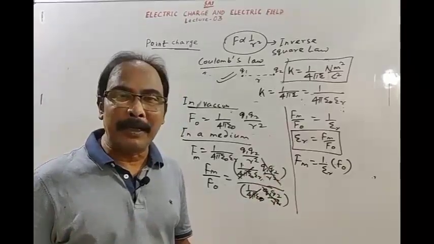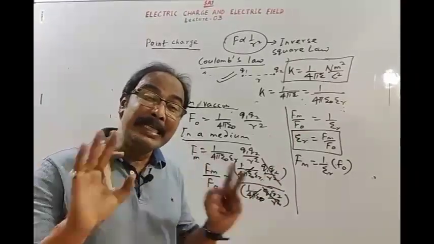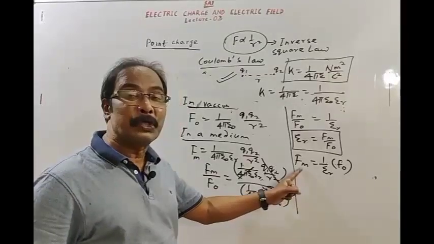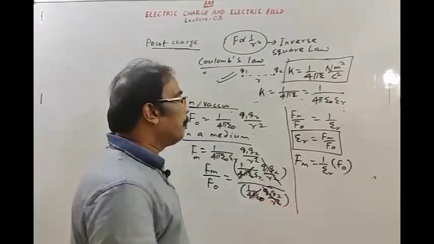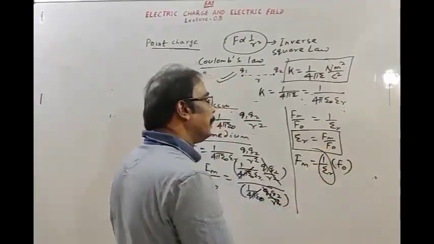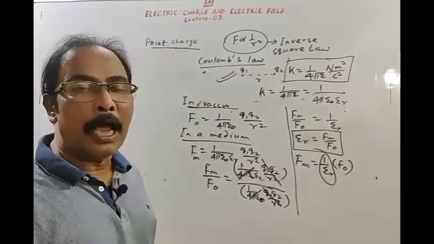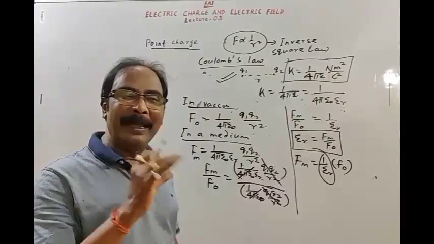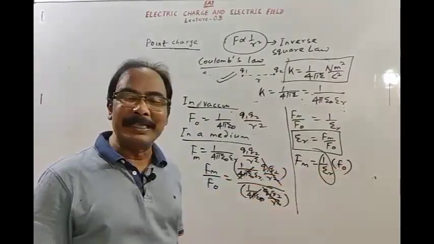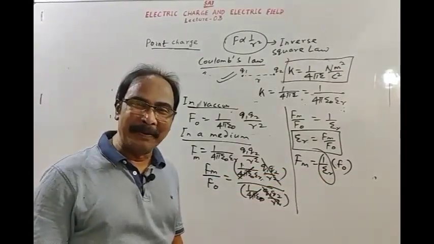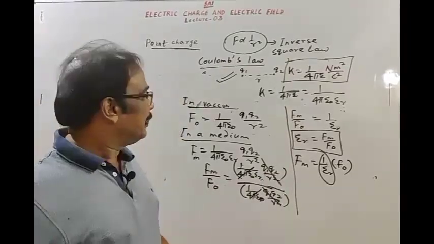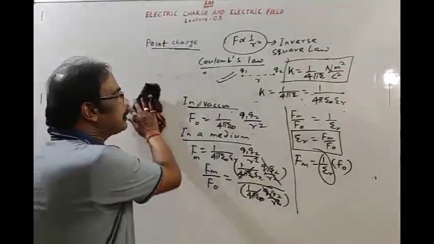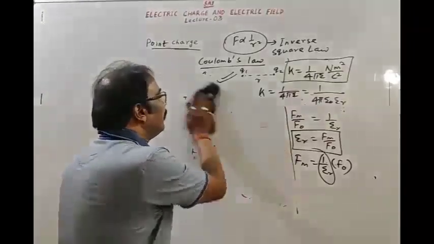Thus it is observed that in the presence of medium, force decreases. How much times? 1 by epsilon R times as compared to force between 2 point charges separated by fixed distance, which is equal to F naught, force in vacuum. Okay. So these are some fundamental discussions on Coulomb's law.